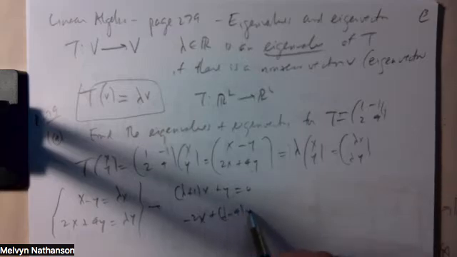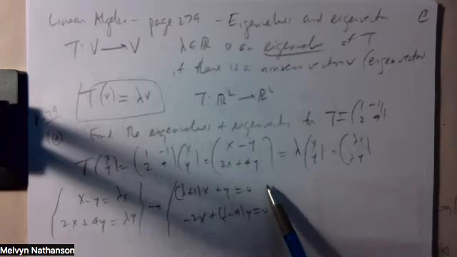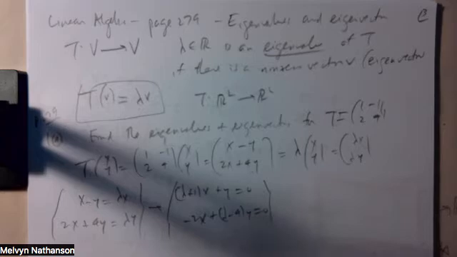Now I've reduced this all to just high school algebra. This is a homogeneous system of two equations in x and y, and we want to know for what value of lambda you can find a non-zero solution.